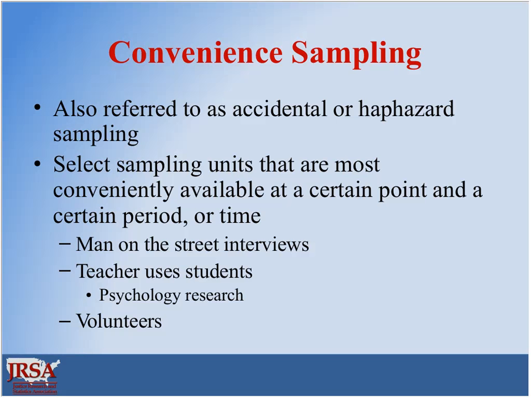However, utilizing this type of sampling prevents somebody from inferring to the larger population. And it is one of the most commonly utilized methods of sampling. Examples of this type include man-on-the-street samples, the use of college students in psychology research that I'm sure everybody is really familiar with, as well as volunteers.